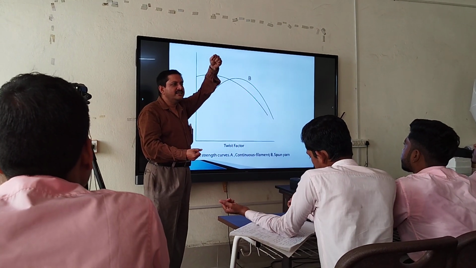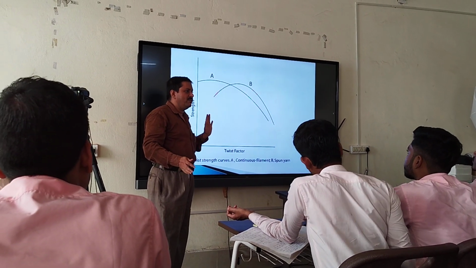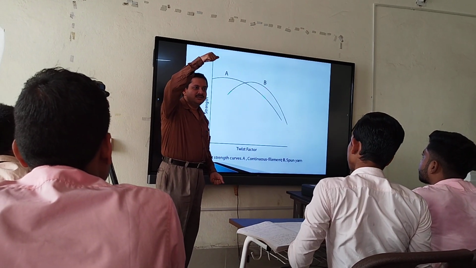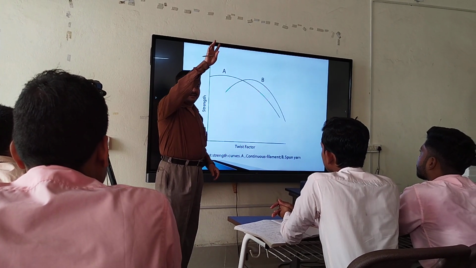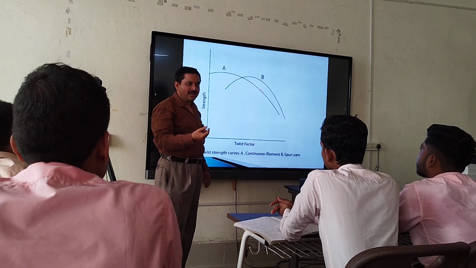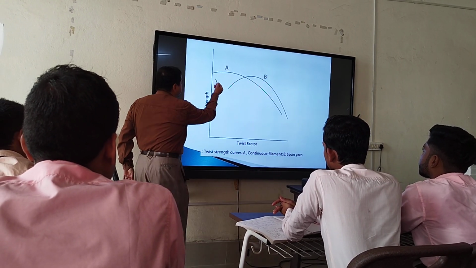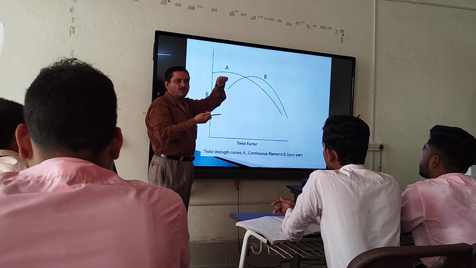Filament yarn means parallel strands of continuous fibers, which ultimately produce the filament yarn. So in filament yarn, if I increase the twist slightly, what will happen?